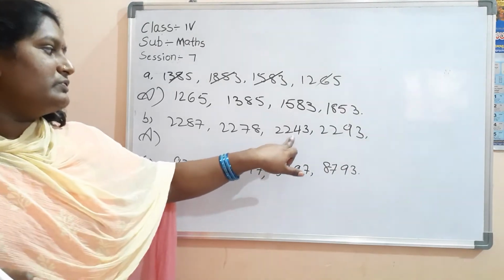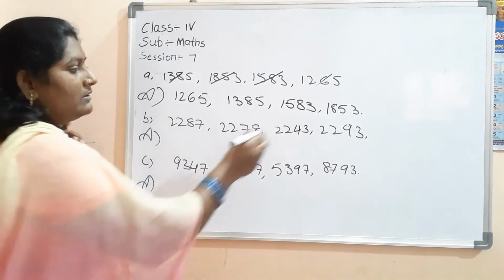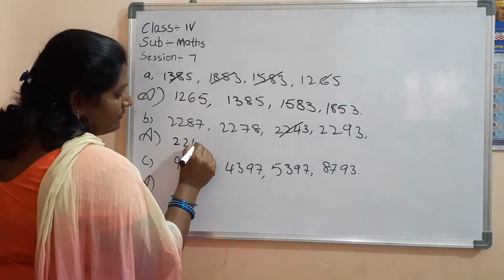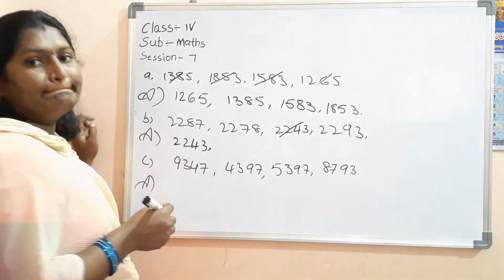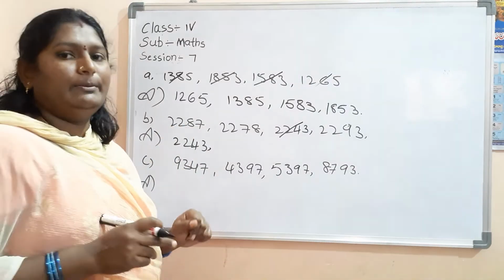So 2243 is the first small number. Clear? So you have to cross the number 2243.